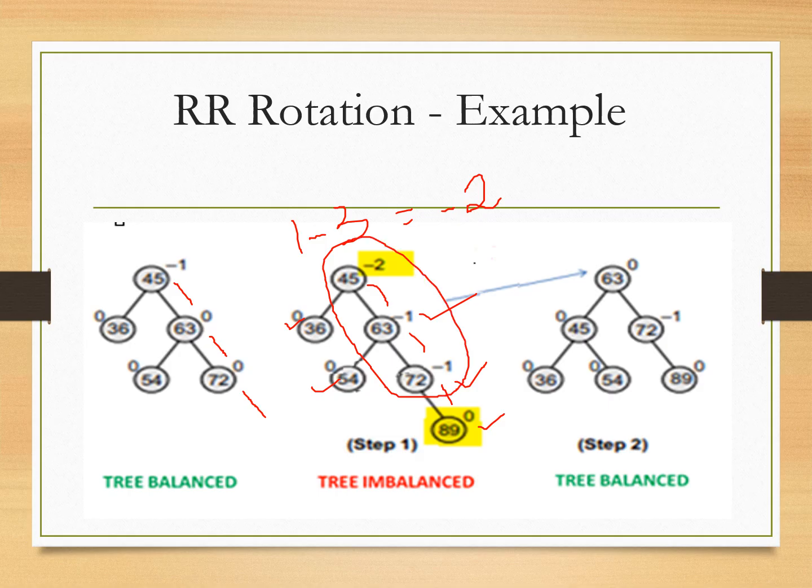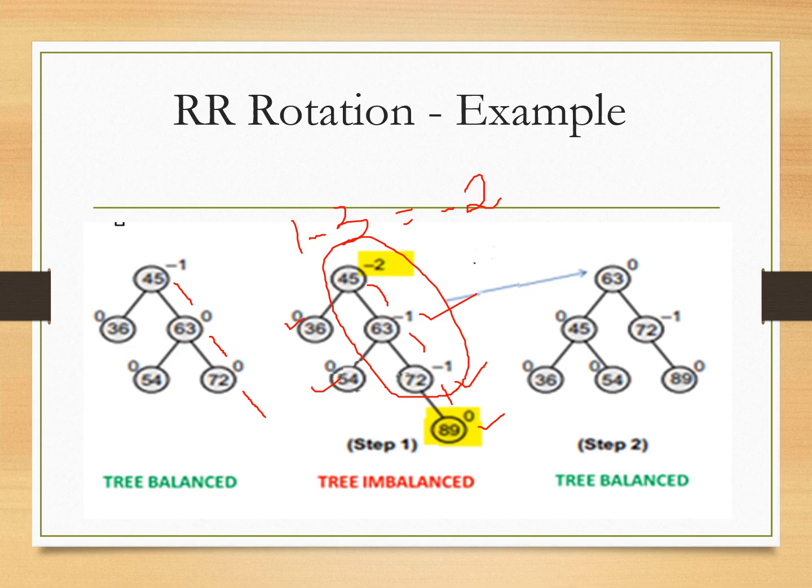Take only these 3 nodes. After taking these 3 nodes, you can infer that the right hand side is heavier. So what should I do? I should rotate left. Which one should be rotated left? 45 should be rotated left. When 45 is rotated left, it will come to the left of 63. But there is already 54 to the left of 63. Don't worry about that.